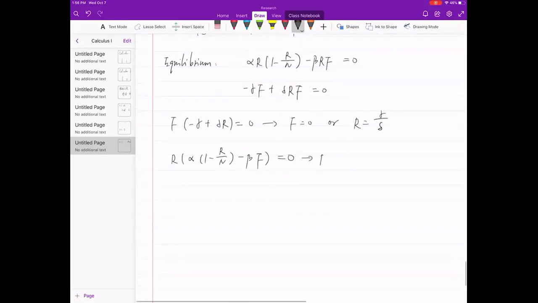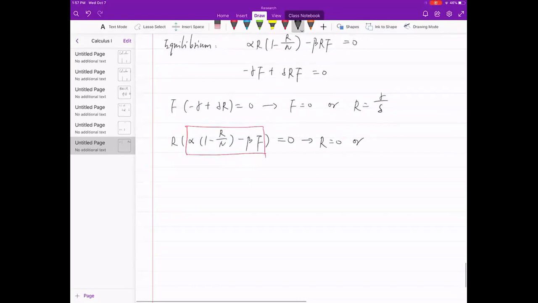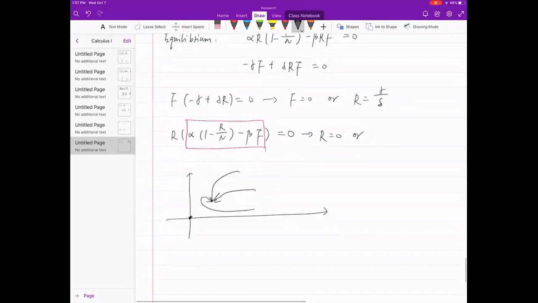This implies r equals 0 or this one is 0. Now, if you think about the graph, two equilibriums. One is here, one is here. Everybody goes here. Okay. So clearly, the first one is going to be R, 0, 0.